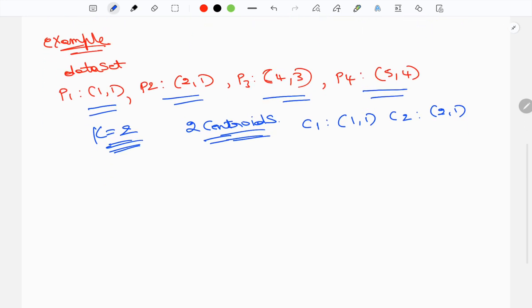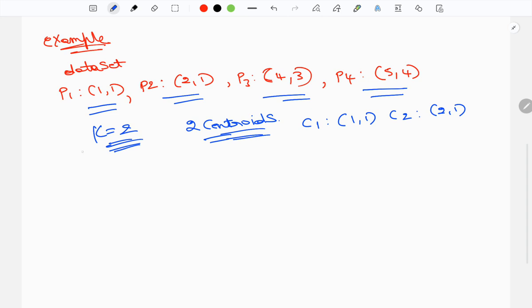Let us construct the first table and do the first iteration. Iteration 1.